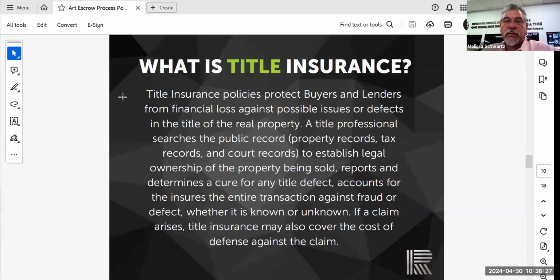Next we have, what is title insurance? Title insurance protects the buyers and lenders from financial loss against possible issues or defects in the title of the real property. This goes back to the contract I was talking about, the names. I'm assuming everybody knows that Arizona is a community property state.